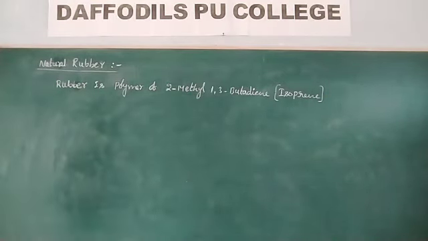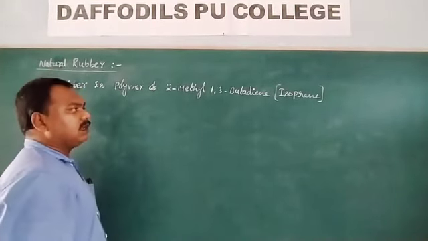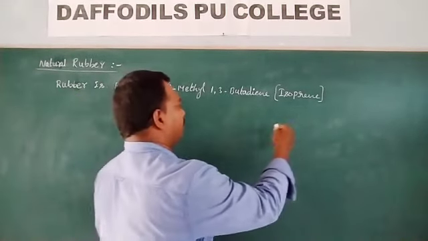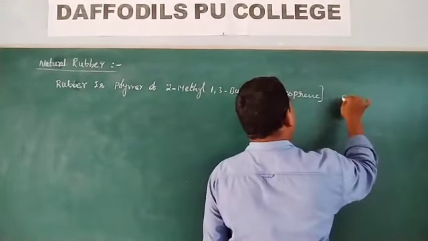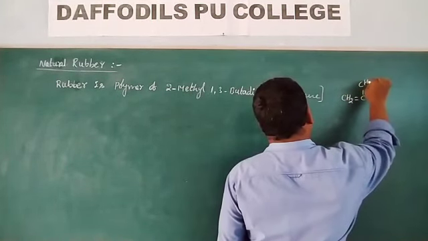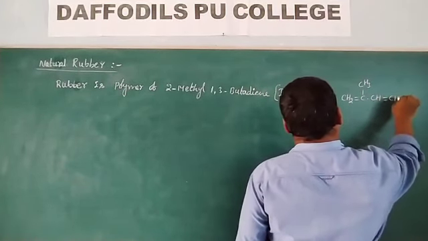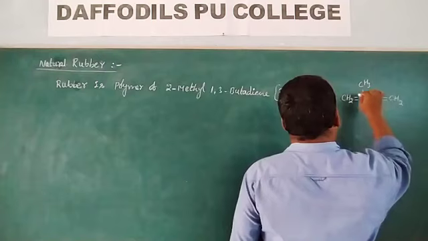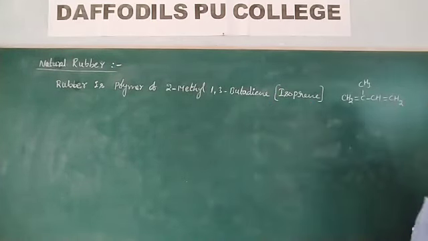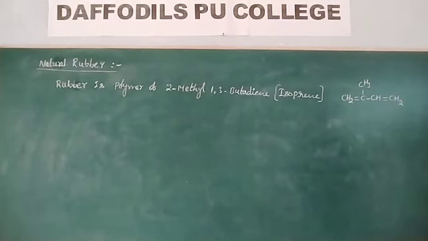So I am drawing the isoprene units. This is 2-methyl 1,3 butadiene, also known as isoprene.